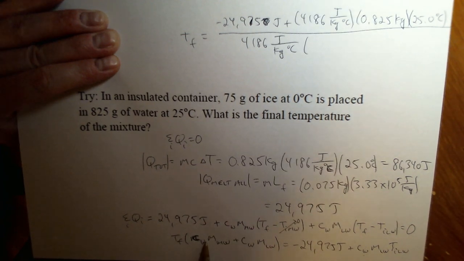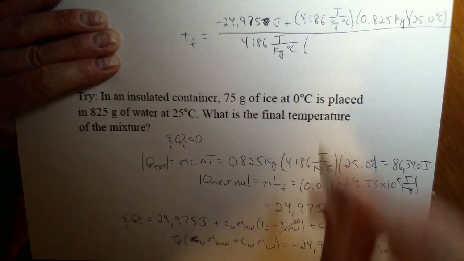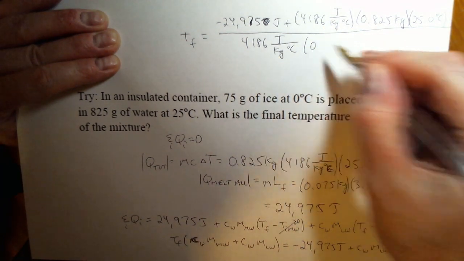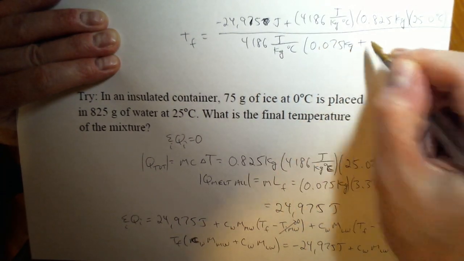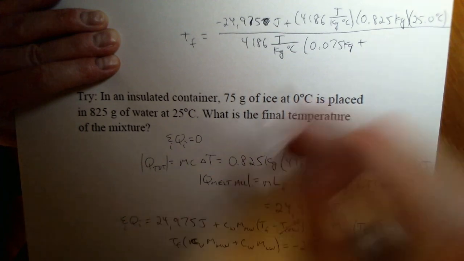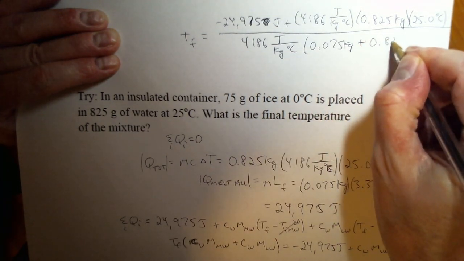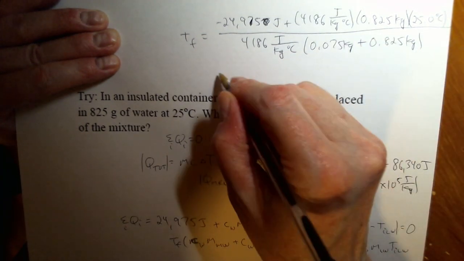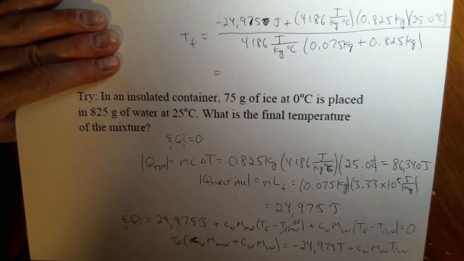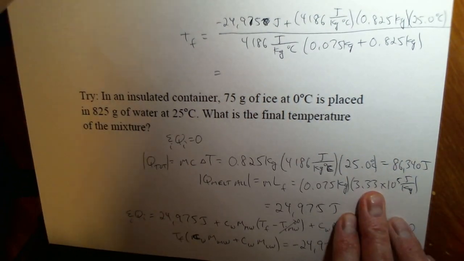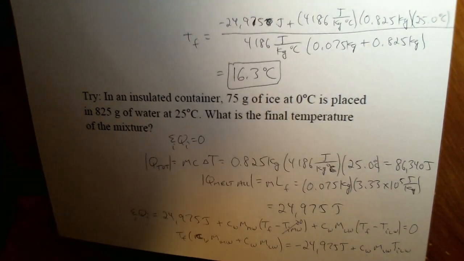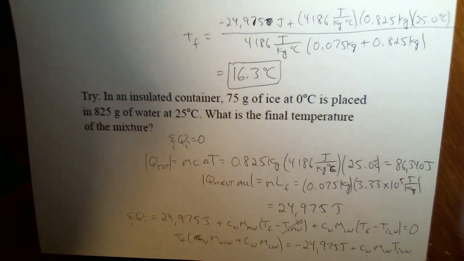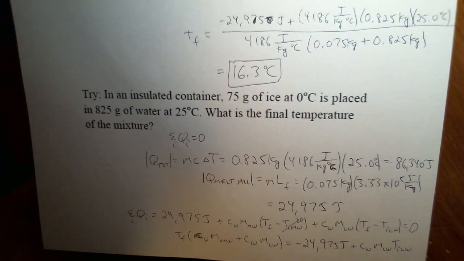I factored out the specific heat of water. So the mass of the melt water is 0.075 kilograms plus the mass of what started as liquid water, 0.825 kilograms, and I plug that into my calculator. Be right back. And you wind up with 16.3 degrees centigrade, which would help if I had a bit more light.